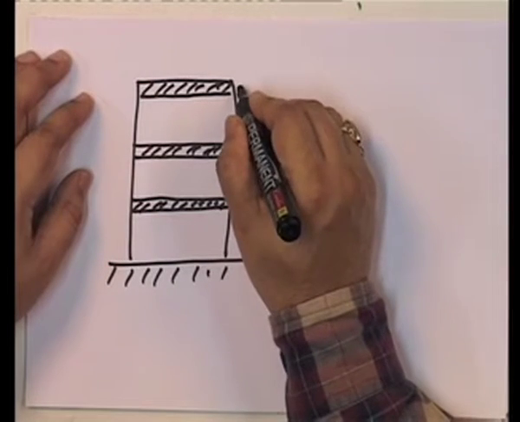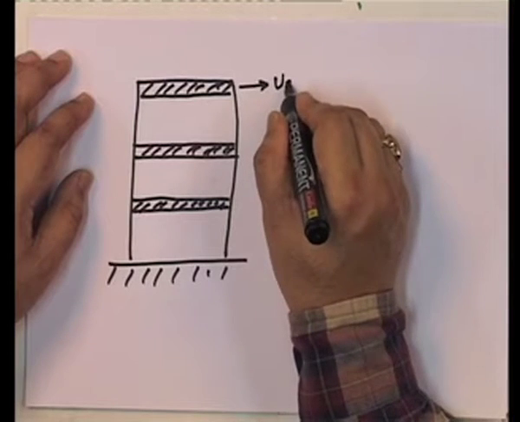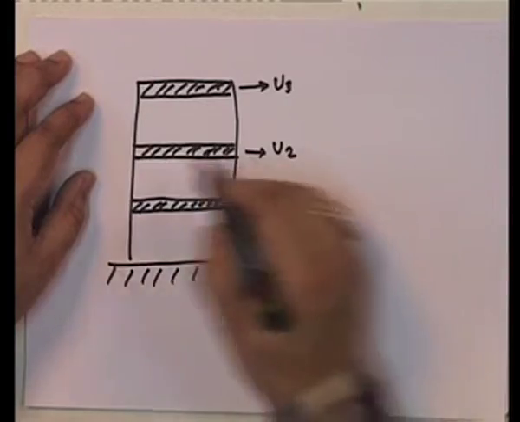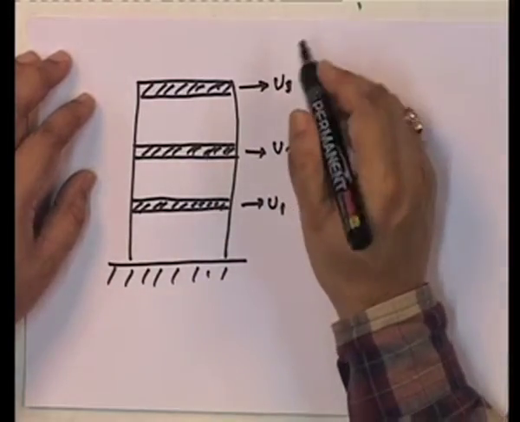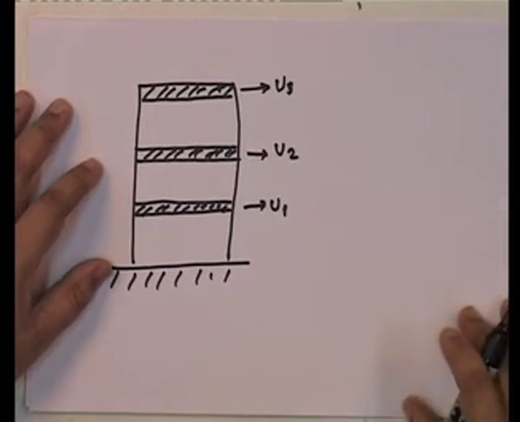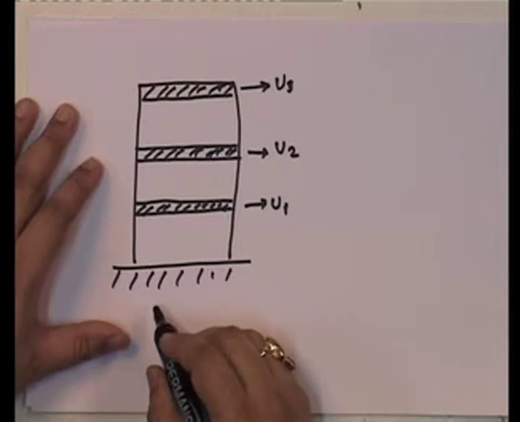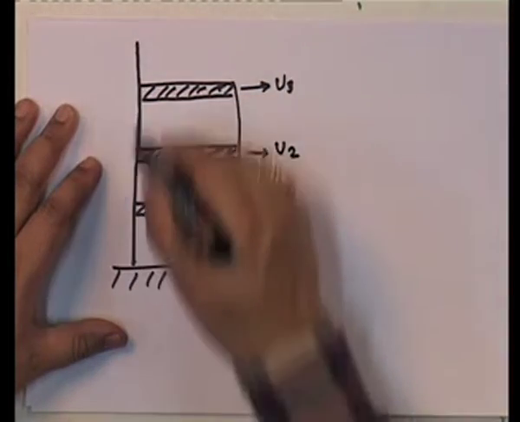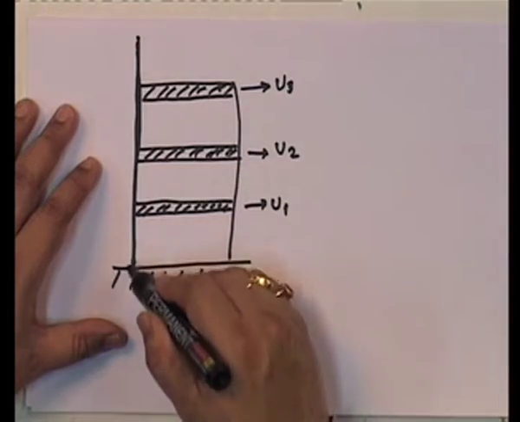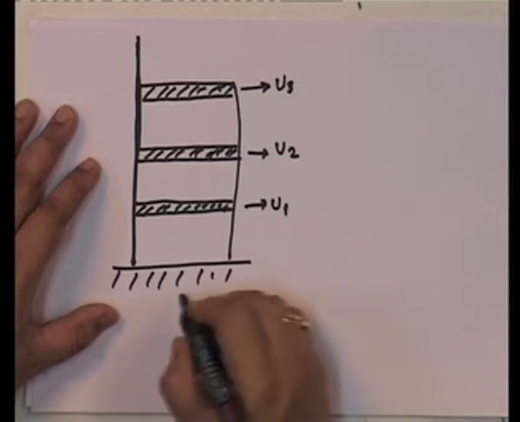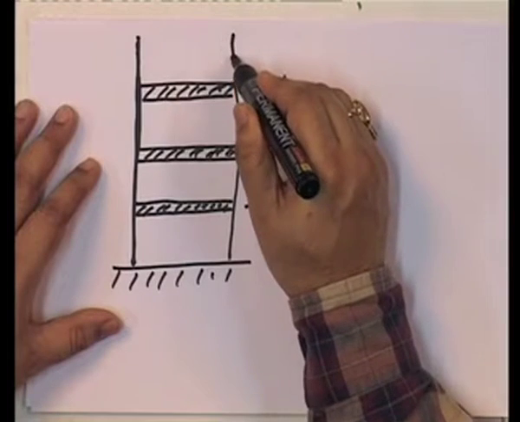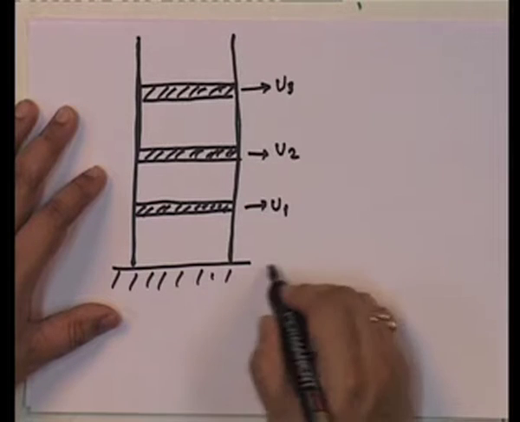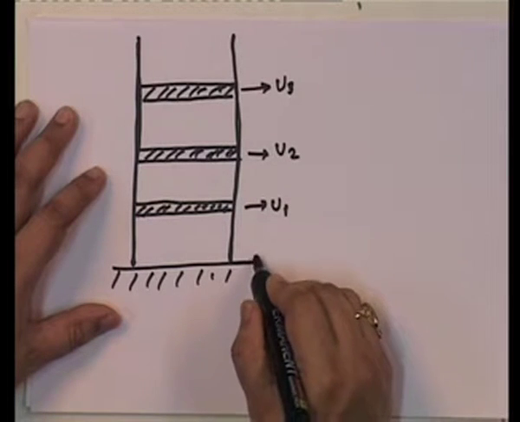So here this is, let us say V3, V2, V1. Actually, I could call this Vn, because it can be an n story building. And if we look at any inertial point, this is the inertial system. Now, this is also the inertial point that we have. Now, due to base acceleration, what happens? This moves here.